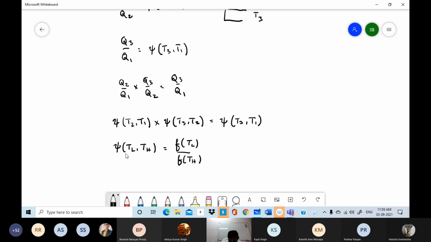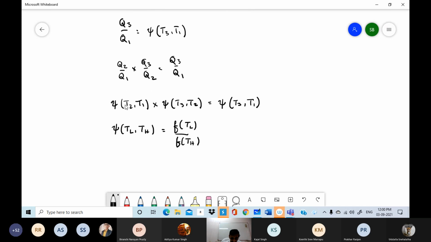So if we assume that psi has this form, that psi of TL and TH is some function of TL by the same function of TH, then psi of T2 by T1, let's substitute here. This would be function of T2 by function of T1, and this side would be function of T3 by function of T1.